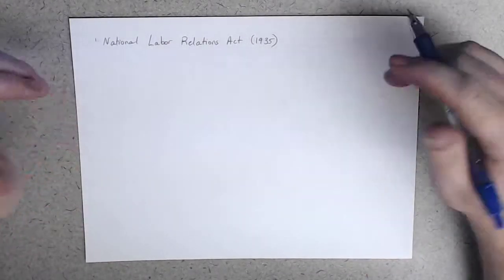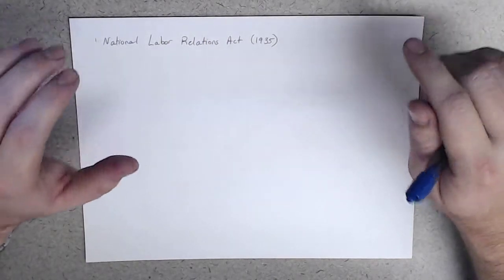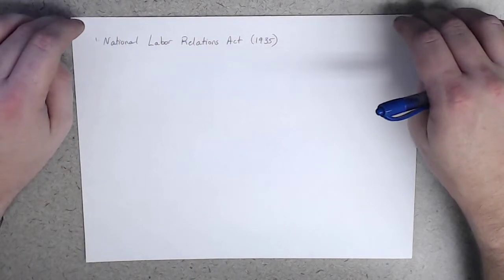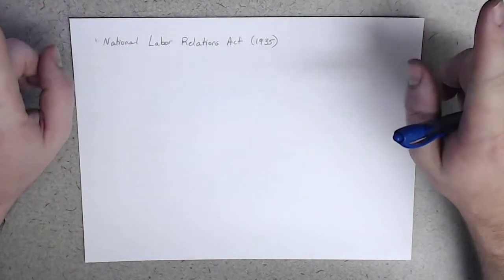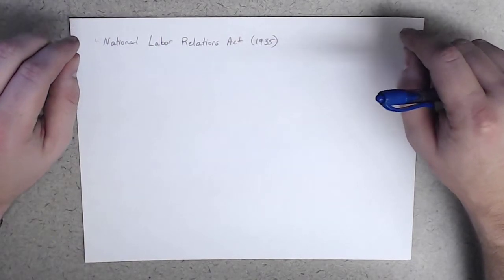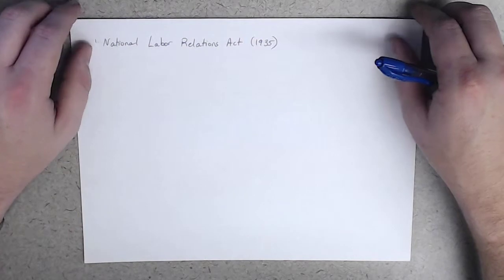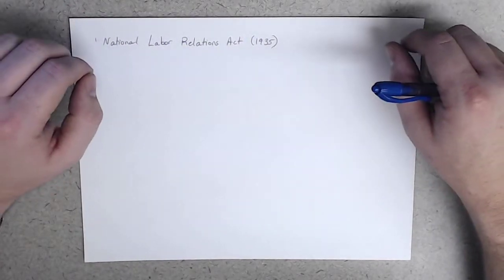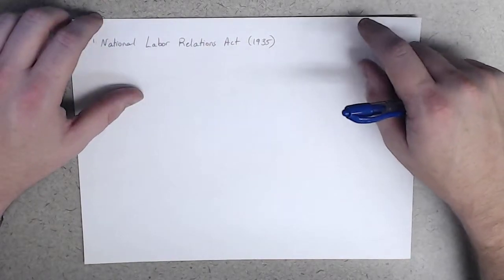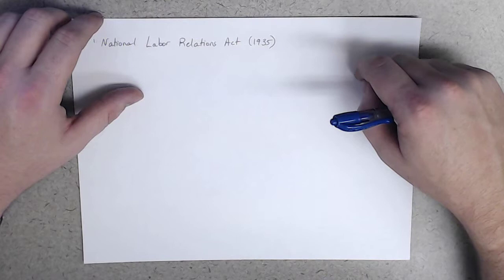And so basically, employers are not allowed to physically bar employees from unionizing. They're allowed to kick non-employees off of the work site. Okay, so a union representative that does not work for the company may not be allowed to come onto the premises, but the workers are allowed to talk about unionization.